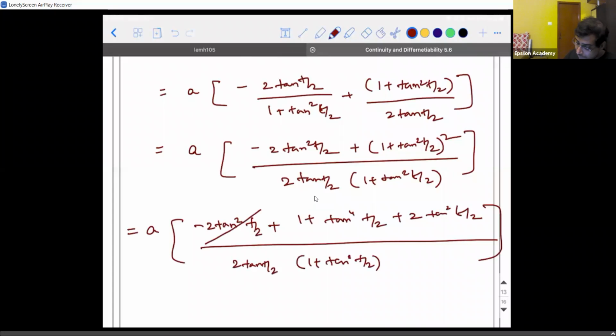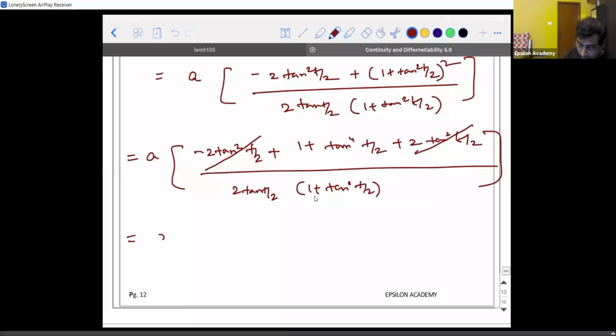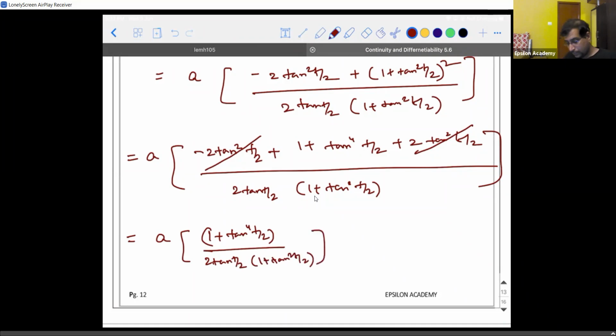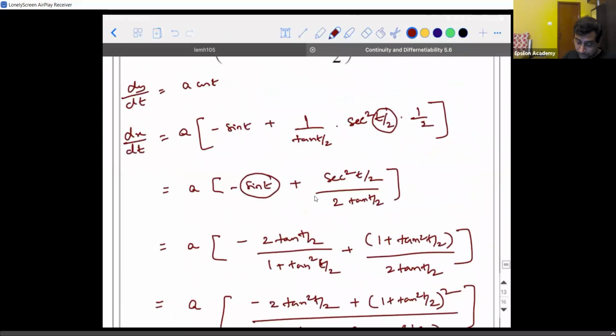So minus 2 tan square t by 2 and plus will get cancelled. So you will get a into 1 plus tan power 4 t by 2 the whole divided by 2 tan t by 2 into 1 plus tan square t by 2. I don't think the answer will be this complicated, but let's see.